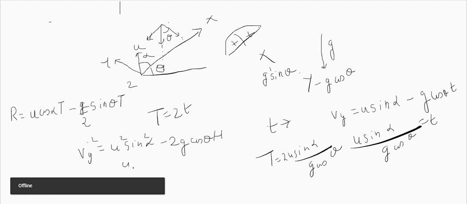Vy will be 0 at the highest point, so h equals u square sine square alpha divided by 2g cos theta, that is the maximum height reached. So this is for all.